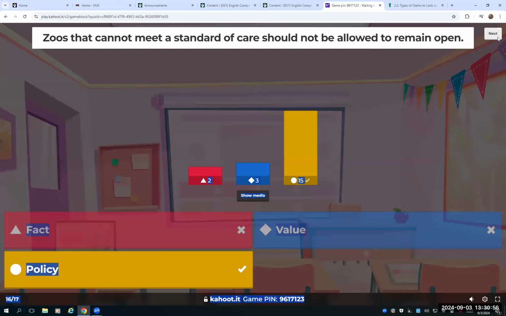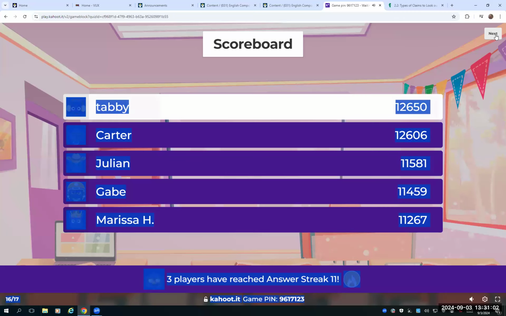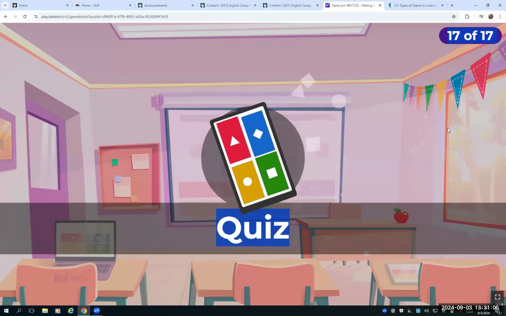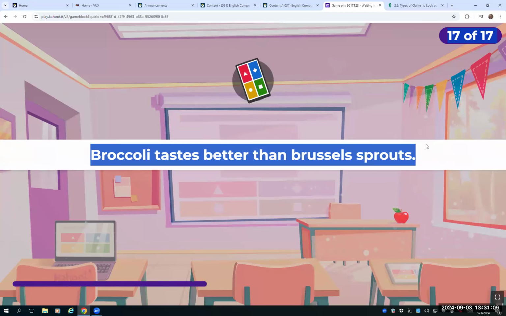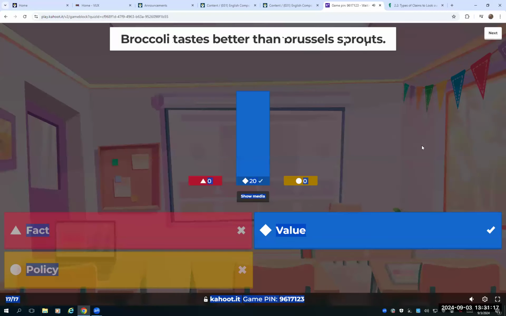They should not be allowed. All right, last question. Between Tabby and Carter, I think. Number 17. Broccoli tastes better than Brussels sprouts. Claim of value is correct. Everybody got it right. Great job.